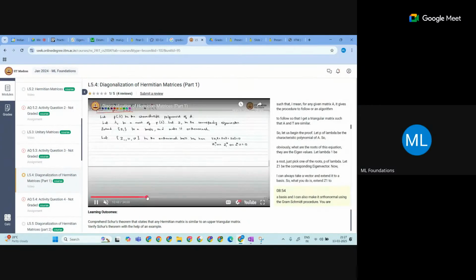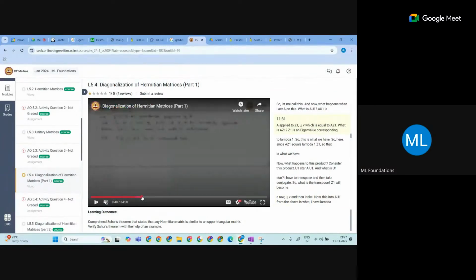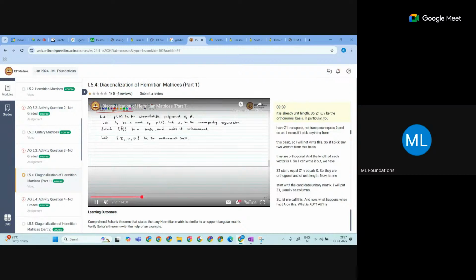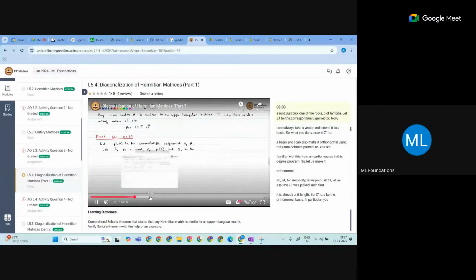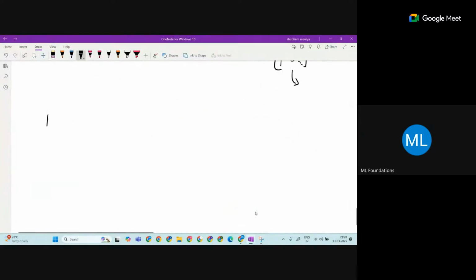Okay, let me just a second. So the procedure is, once you find the eigenvalues and eigenvectors of a matrix A, suppose this matrix is not diagonalizable.